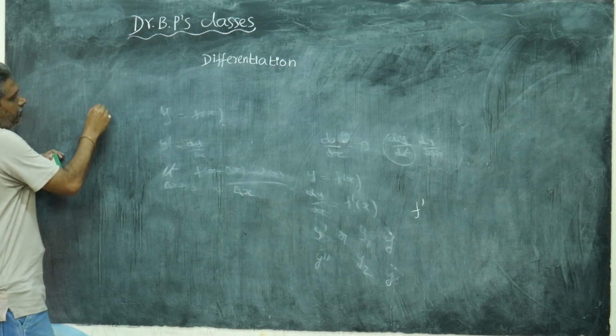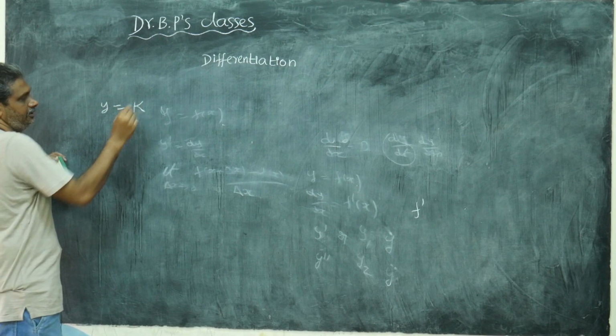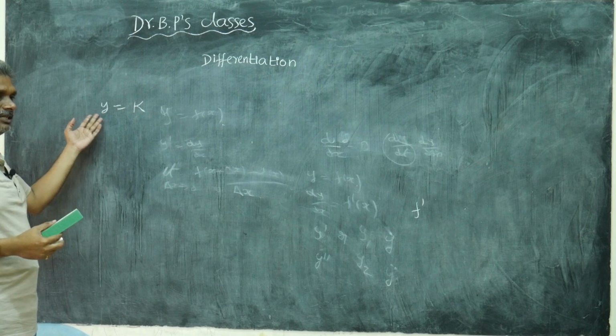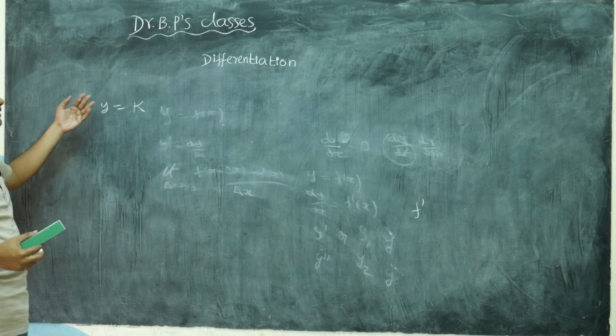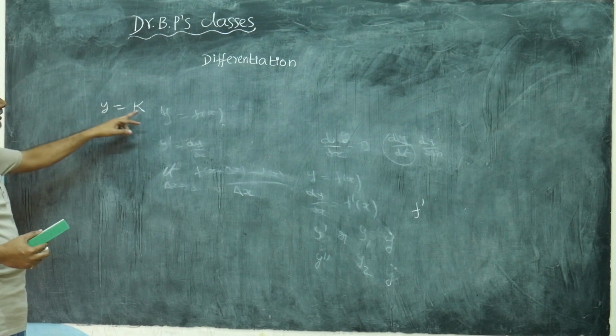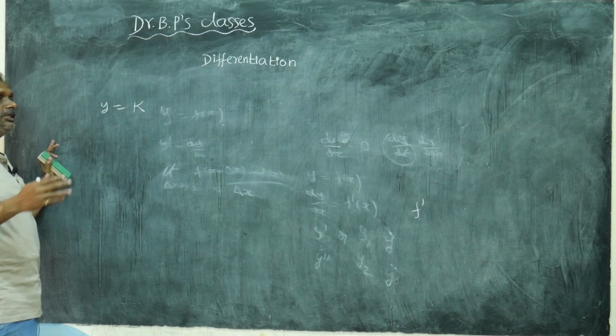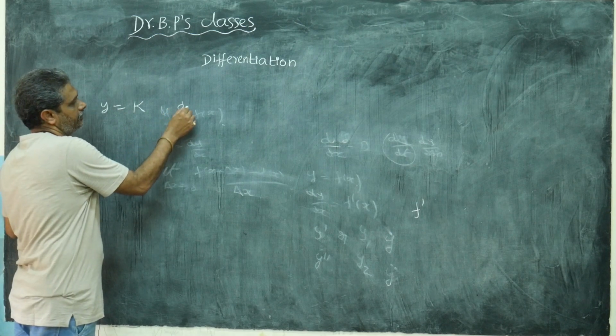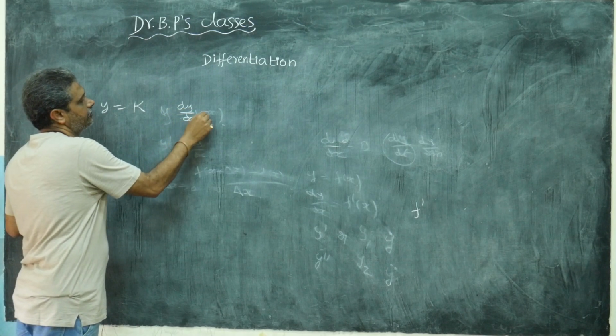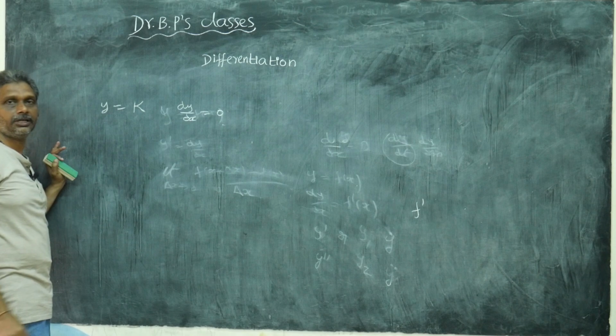Suppose y is equal to a constant. Initially I will start with y as a function of x; if y is a constant, there is no x, purely y is equal to 2. Then dy by dx is equal to 0. Correct or not?